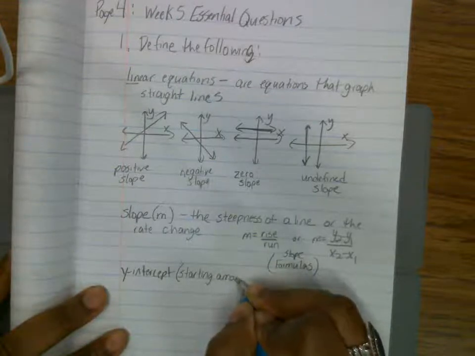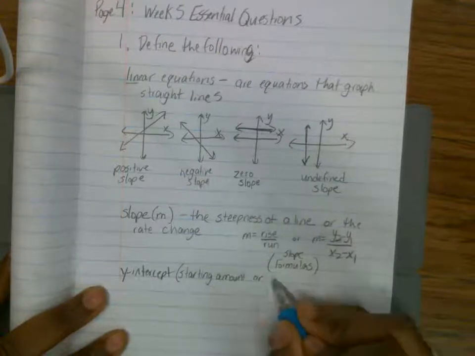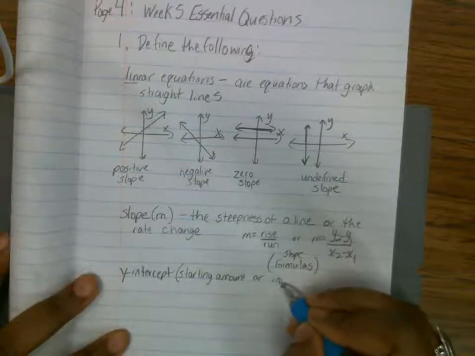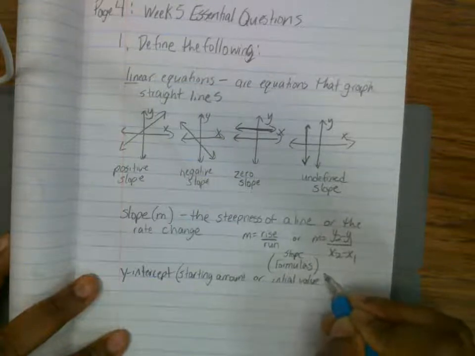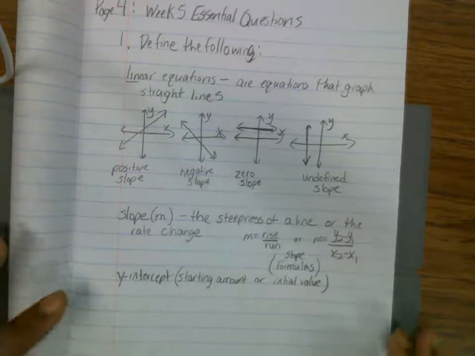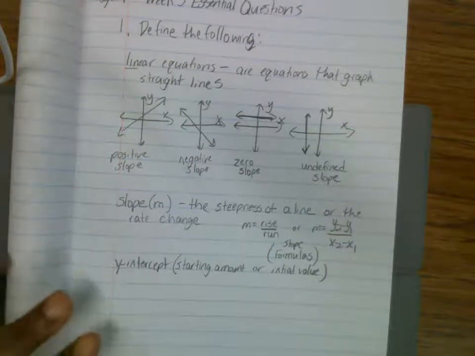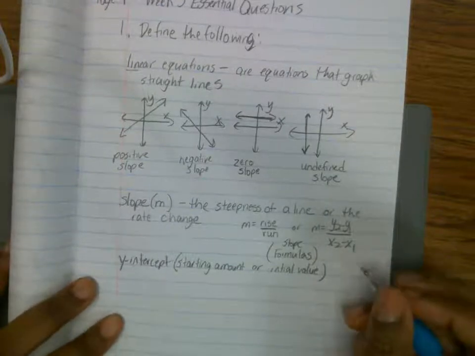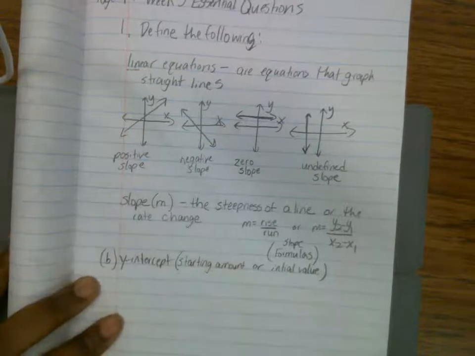What you're looking for is the starting amount, or you're also looking for the initial value. That's your y-intercept in a word problem. The letter for y-intercept is going to be b.